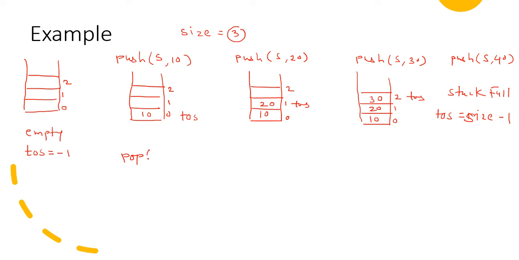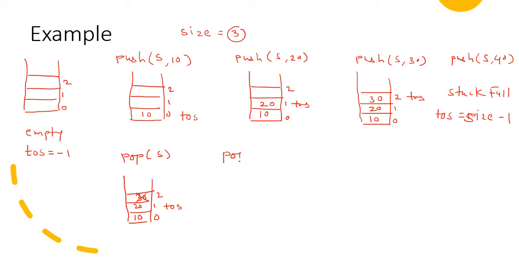So we need to pass only the structure variable s. As you can see on the last slide, the top element is 30, which will be popped here. So 10, 20 and 30, indices 0, 1 and 2. Now my 30 value gets popped here and my top gets decremented by 1. So my top value is now 1.